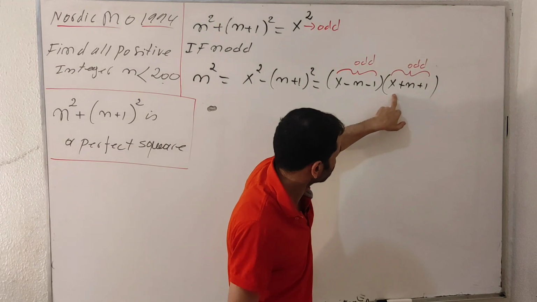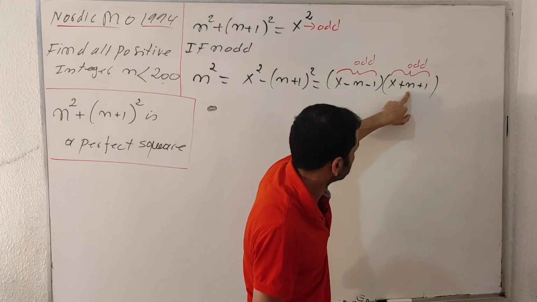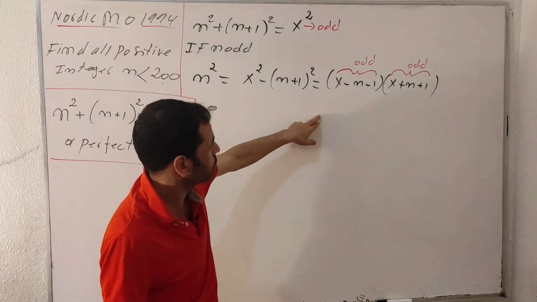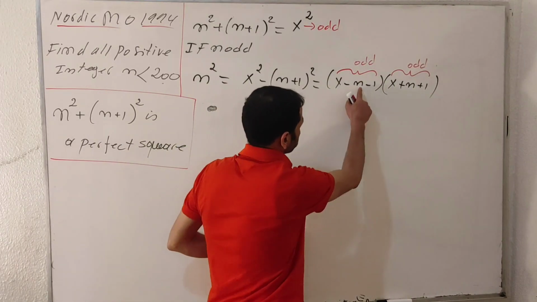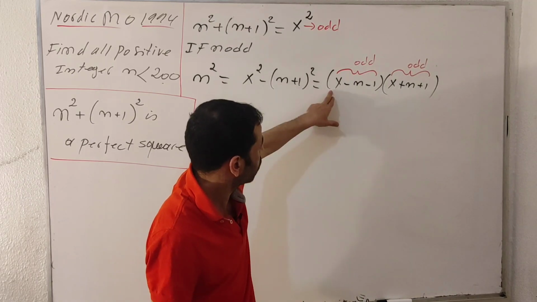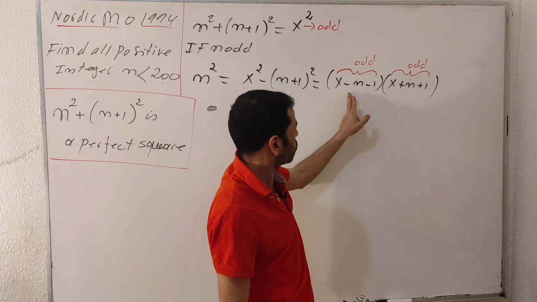Also for this term, x is odd plus odd gives even, plus 1 becomes odd. On the other hand, this term and this term have the same parity.